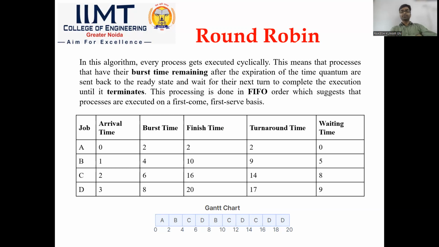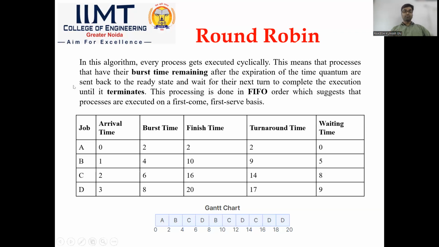In this, we have a number of processes, A, B, C, D, and the arrival times of these processes are 0, 1, 2, 3, and the burst times are 2, 4, 6, 8. Here we have a time quantum of 2, meaning any process residing in the running state will execute only 2 units of time.